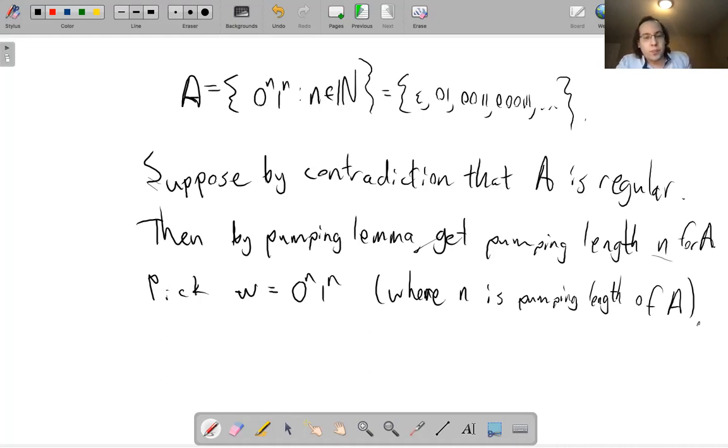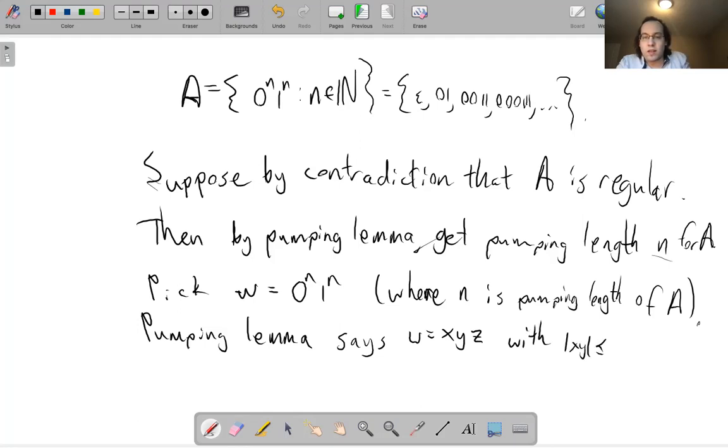Okay, so then we pick this W. The pumping lemma says that W can be written x, y, z with the length of x, y at most n and y greater than 0.